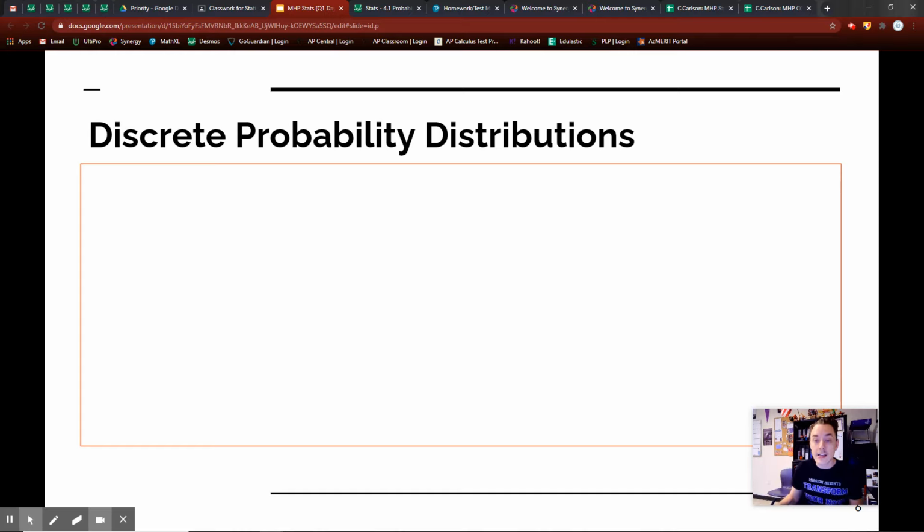This whole week is what we're going to be calling discrete probability distributions. So countable data sets. I can count 1, 2, 3, 4, 5, or 10, 15, 20, 25. It's not going to be 1.57 or 5.76 for my X variable. Keep that in mind as we move forward.